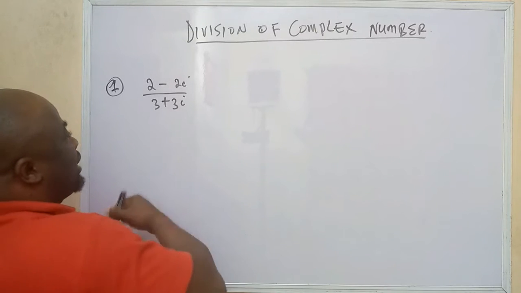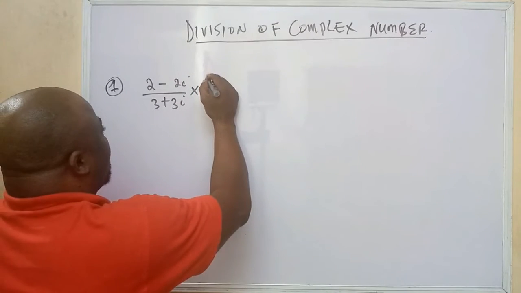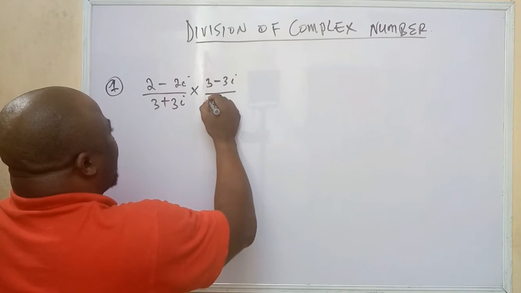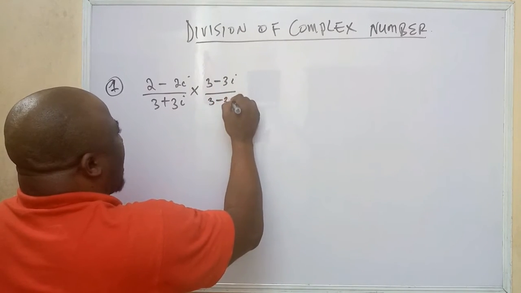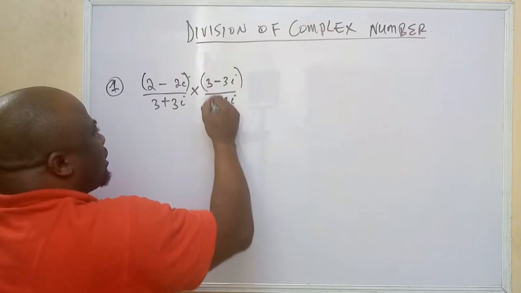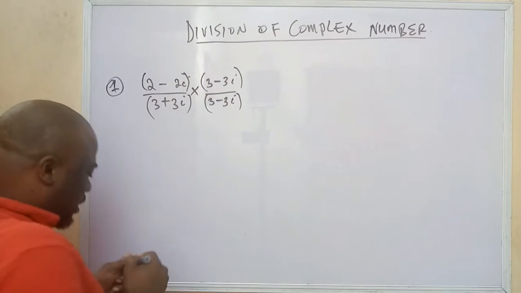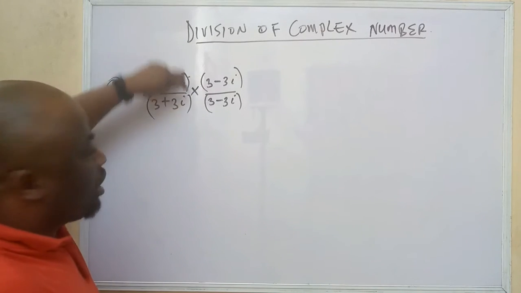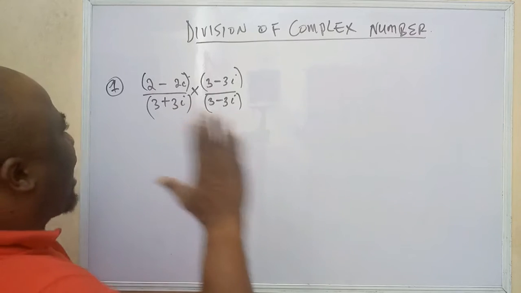We're going to change the sign, so it's going to be multiplied by 3 minus 3i over 3 minus 3i. So you multiply this and this, this and this, this and this, this and this. That's the rule. You find the conjugate of the denominator and you multiply the numerator and the denominator.